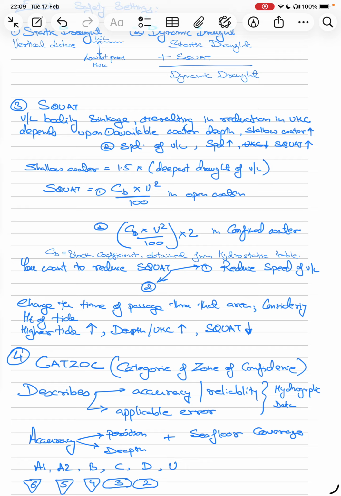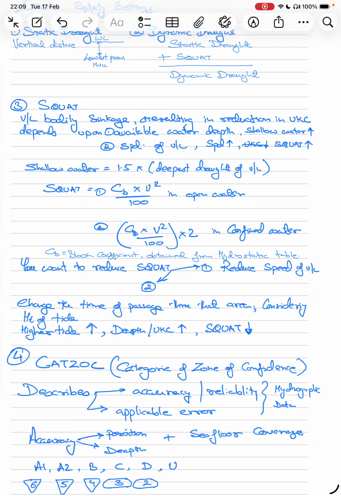How is squat calculated? Squat is calculated by block coefficient into the velocity squared upon 100 in open water, and the same thing twice. It becomes twice in confined water. Block coefficient is obtained from the hydrostatic tables. For each and every draft, the block coefficient is given in the hydrostatic table.